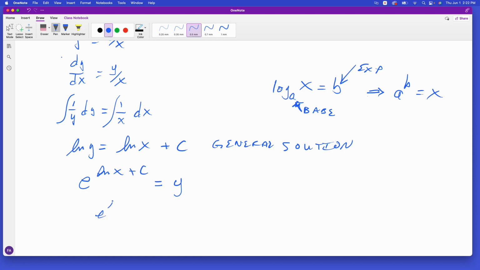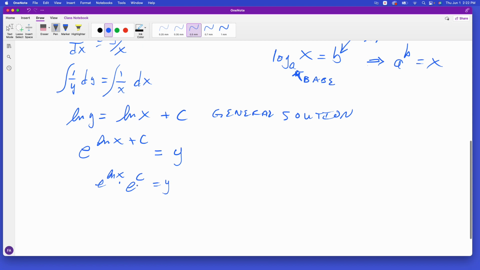So that means we got e to the ln of x times e to the c power equals y, where e to the c is some constant. So I can rewrite this as some constant of variation times e to the ln of x equals y.